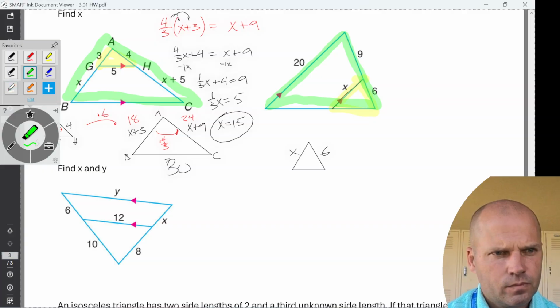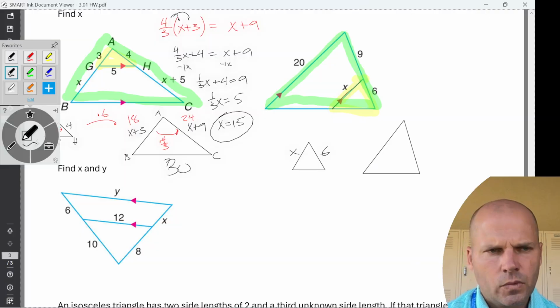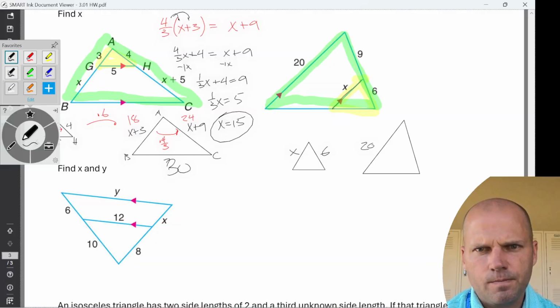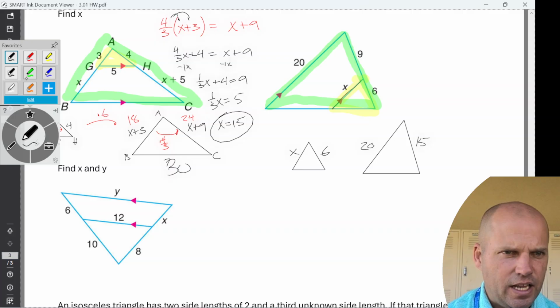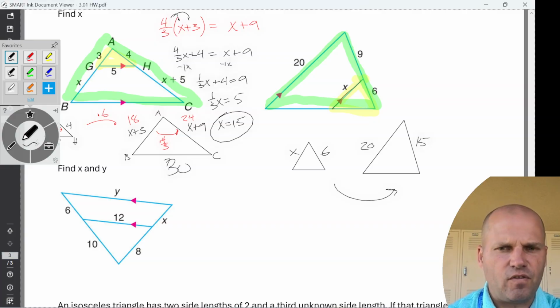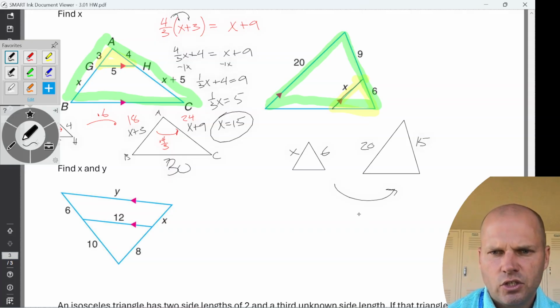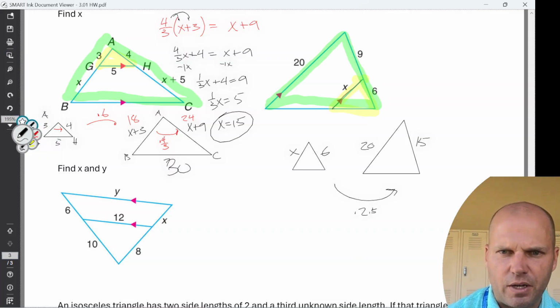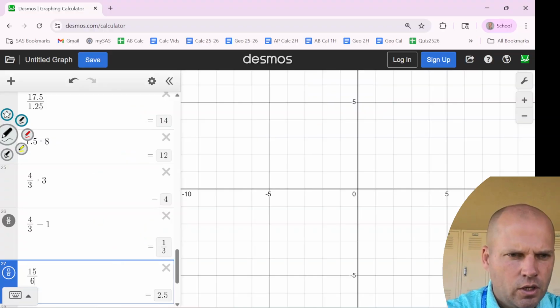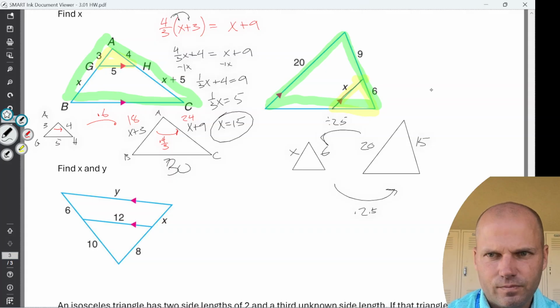I'm going to sketch down that larger triangle with lengths 20 that would correspond with x and 15 that would correspond with 6. Now it's easy enough to see that 6 to 15, 15 divided by 6 is 2.5 times the size. So we got to times 2.5 to get the bigger one, which means we divide by 2.5 from the bigger one to the smaller one. So I'm going to do 20 divided by 2.5 and get my answer, 8.